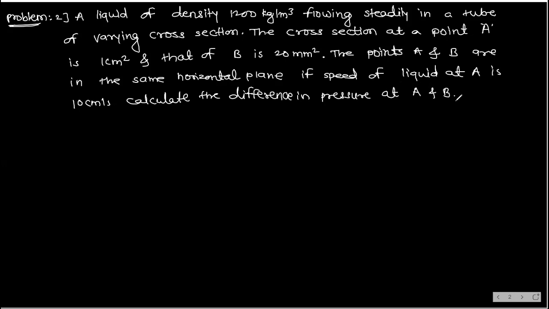Now, how to do this problem? I will give hint. You can do it later. Now, this is not water. Okay. So again, you have a pipe whose area of cross section is different, something like this.